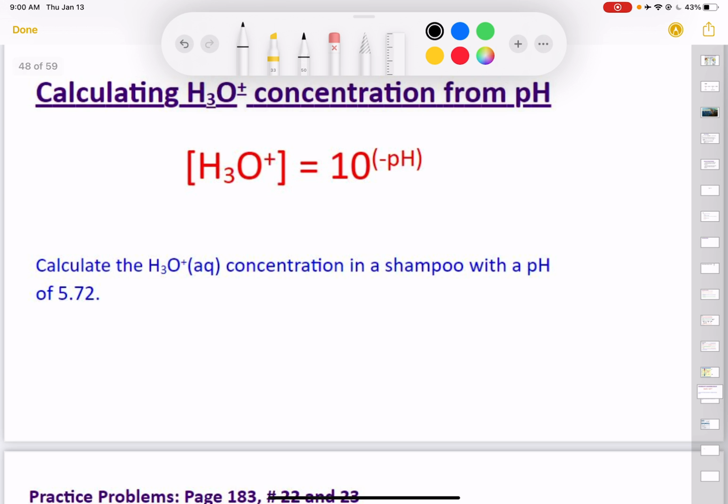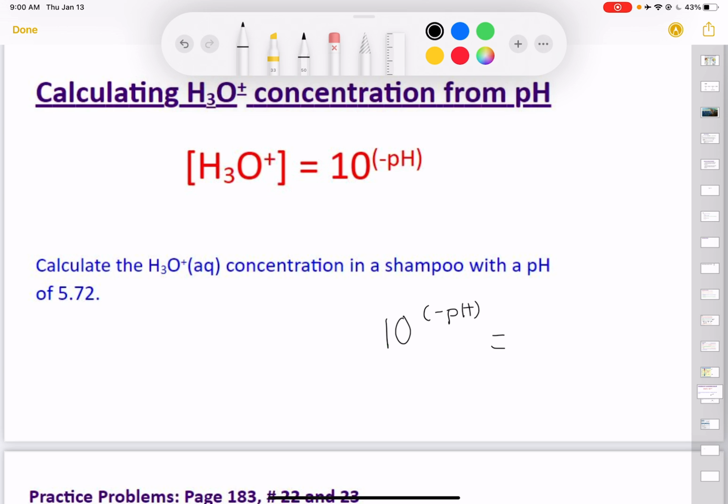Now, the way that we would calculate our H3O concentration from our pH is basically the opposite of that. And the opposite of that is by taking 10 to the negative pH, okay? So if we're using this formula, it says calculate the concentration in a shampoo with a pH of 5.72.